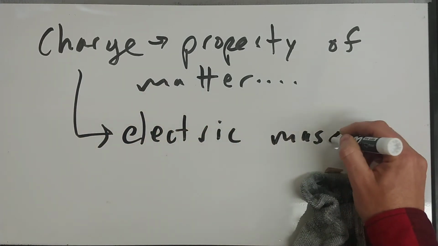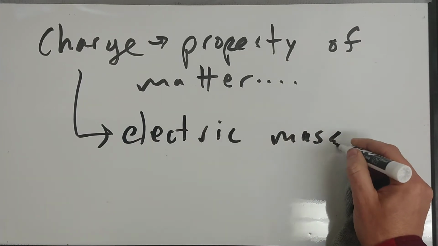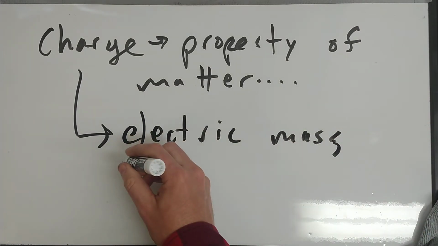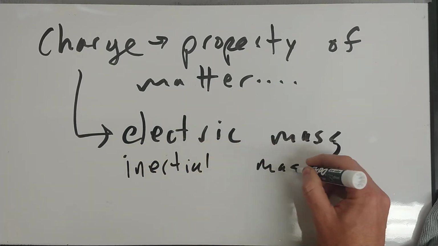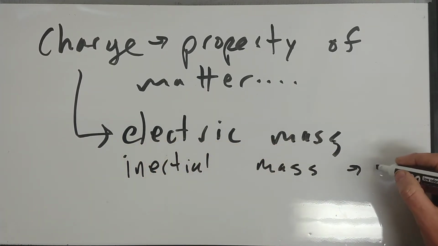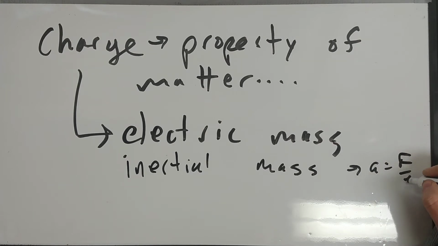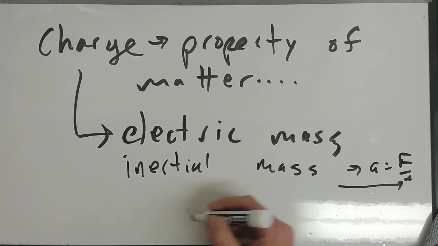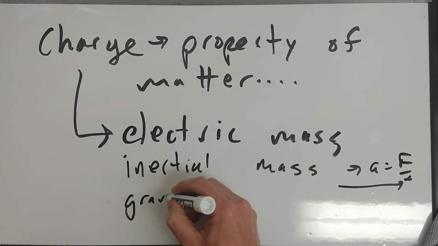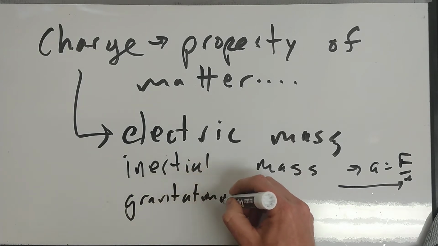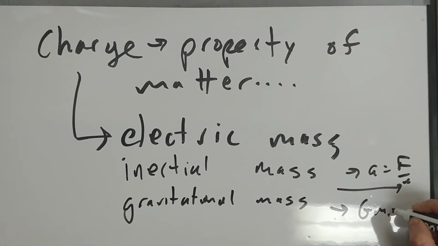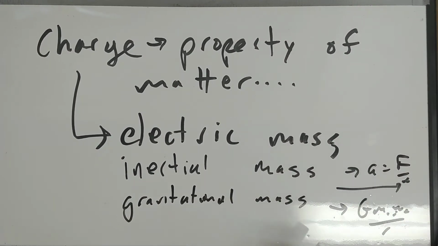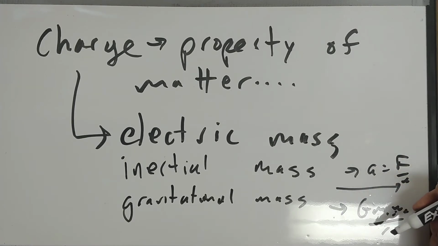There were going to be three types of mass: electric mass, inertial mass, which is a equals F over m, that's our inertial mass, and then gravitational mass. Right, kind of an interesting thing. Gravitational mass is G m1 m2 over r squared. Now you might say, what's the difference between the two?